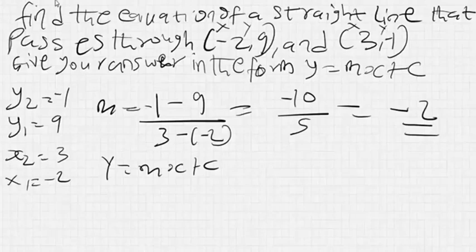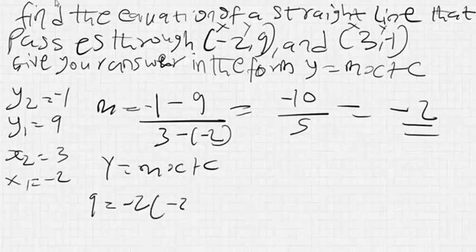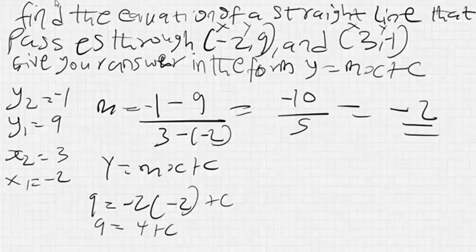So let's plug it in. It's going to give us 9 equals our m, which is -2, times -2, plus c. When you simplify, you have 9 equals -2 times -2 is 4, plus c. So to make c the subject of the formula, this 4 goes over and changes to negative.